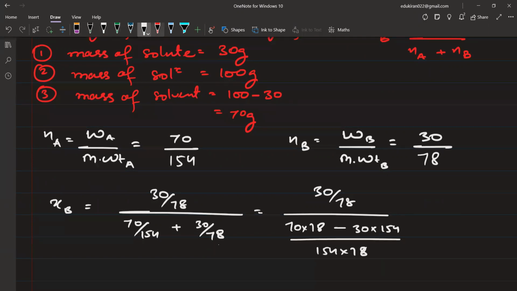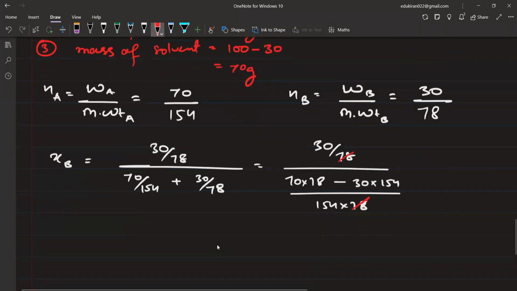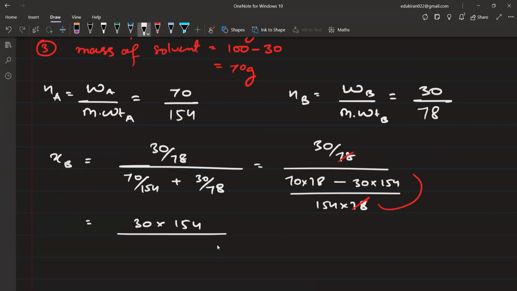तो ये दोनों कैंसिल हो जाएंगे. 78 and 78 will be cancelled. 154 कहाँ चल जाएगा? 154 ऊपर चल जाएगा. So we'll have 30 into 154 divided by 78 into 7.